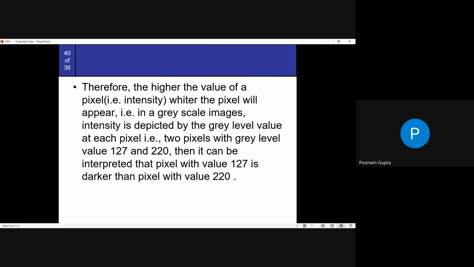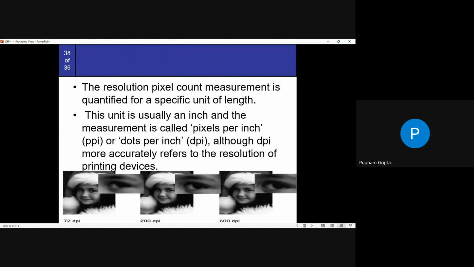The pixel per inch is sometimes referred to as dot per inch. So sir, if we write 72 pixels per inch or 72 dots per inch, it is the same? Yes, both are the same. Okay, sir. Fine. Thank you.